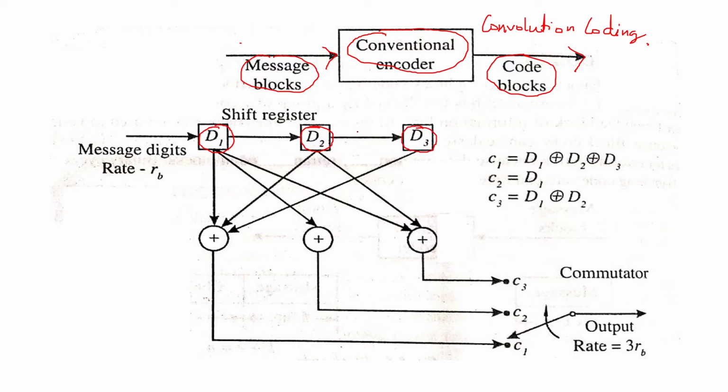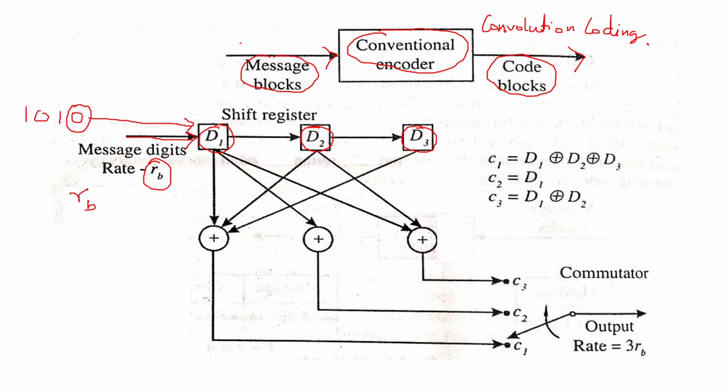Now here, the message bits are the input, at a rate called RB, that is RB bits per second. Let's say the message is 1010, which is going to enter. First this 0 will enter.